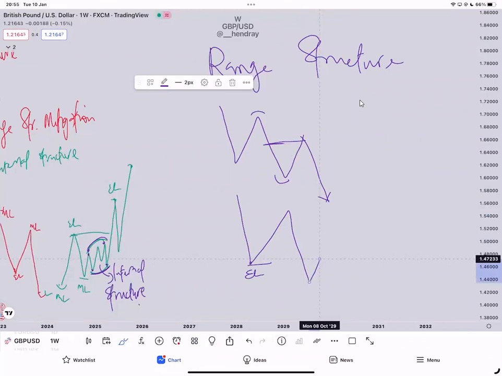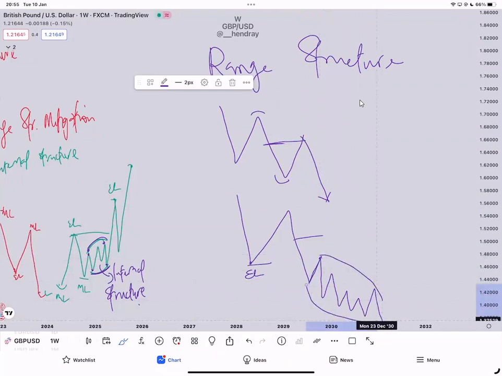We'll still talk about shallow pullbacks later under order flow. So this pullback does not reach 50% of the range, then price continues lower low, lower high, lower low, lower high, lower low, and continues like this. All these you see here that happen externally are range structures.